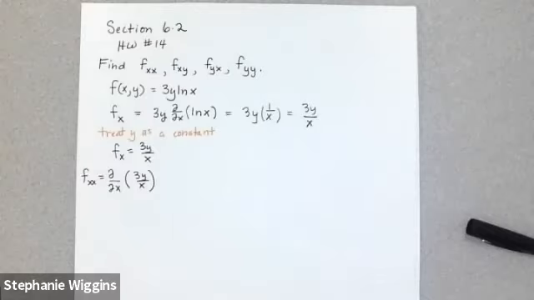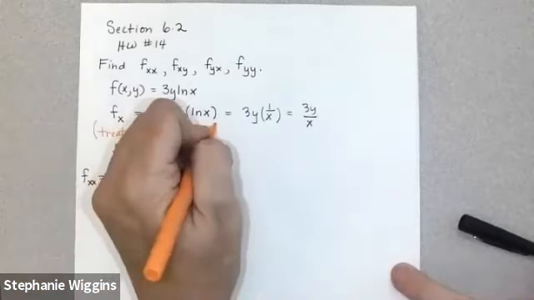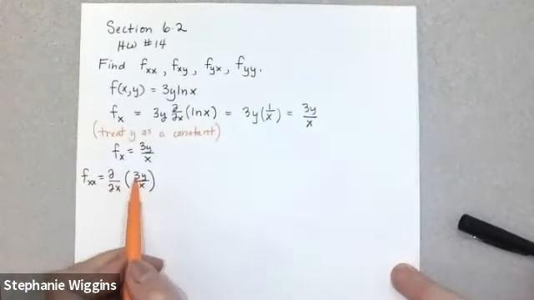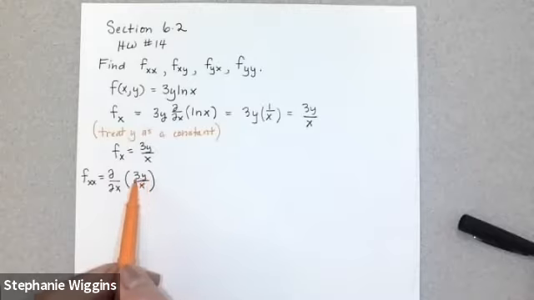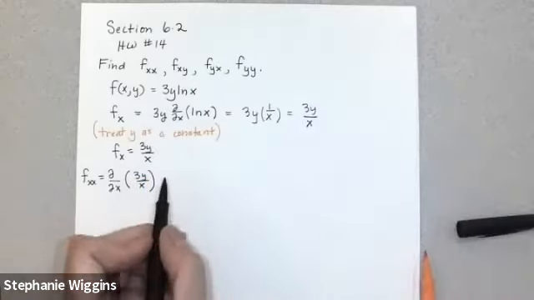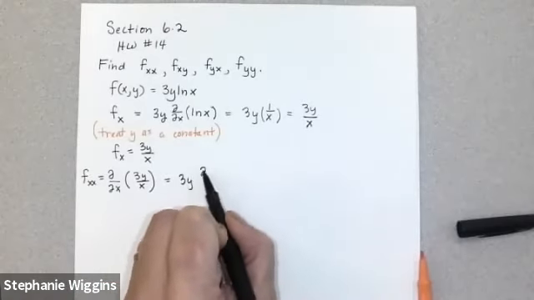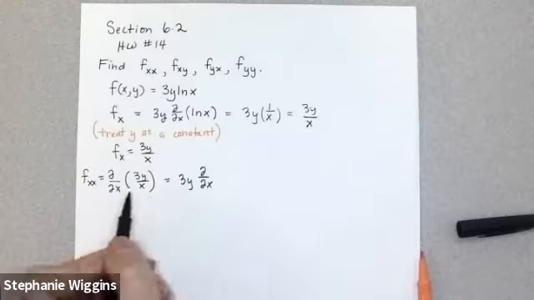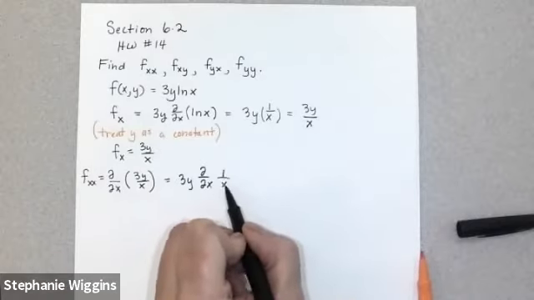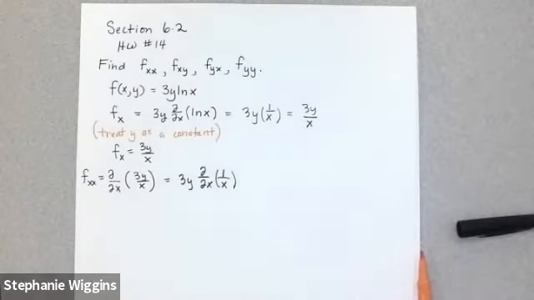Okay, now when you're taking the derivative with respect to x, you treat y as a constant. So remember that 3 and y are both constants. So I can pull this out, and this is going to become 3y times the derivative of 1 over x.